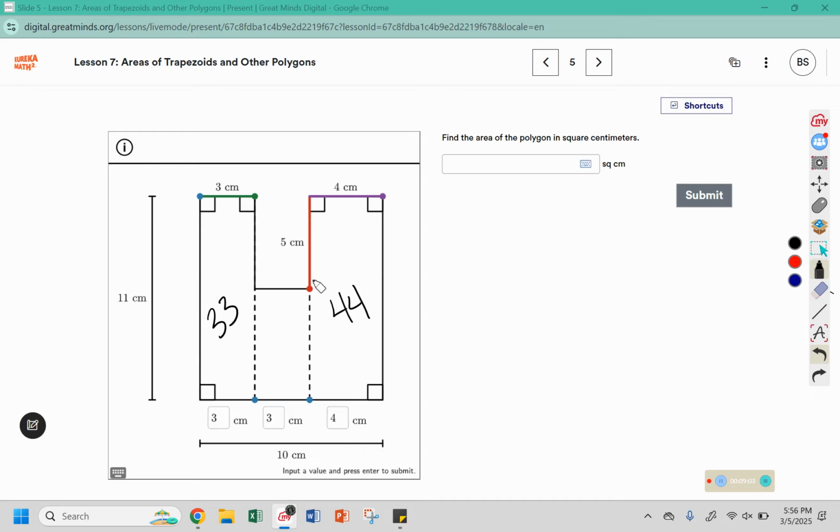This piece was 5 tall, so to get 11 tall, we needed a 5 plus a 6 makes 11. So this rectangle in the middle has a base of 3 and a height of 6. Base times height. 3 times 6 is 18. So for the area of the polygon, we need all 3 of those rectangles combined together.